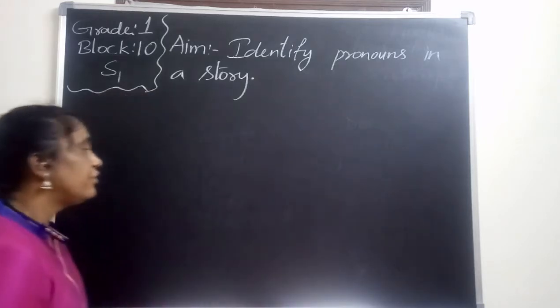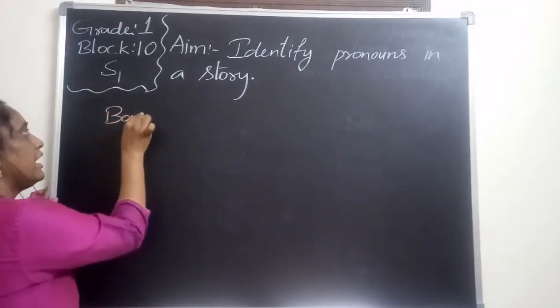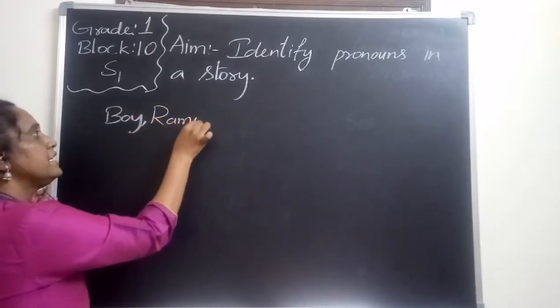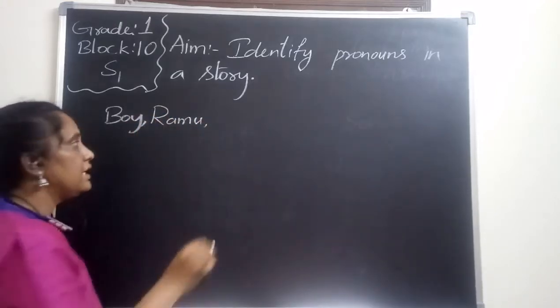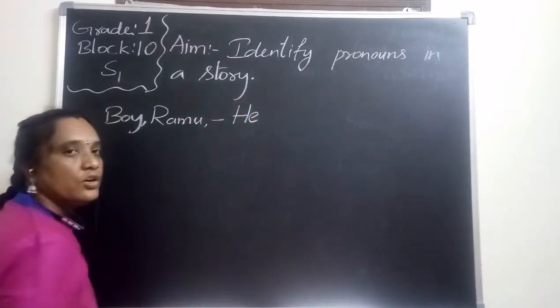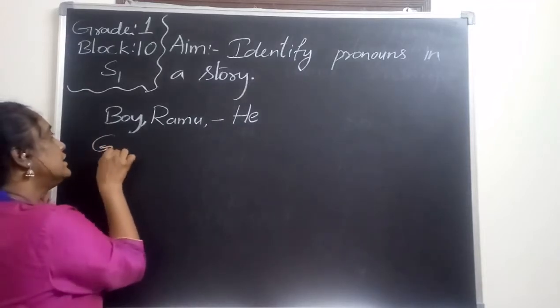See, if there is a boy, any boy named Ramu, Raju, any singular, we say he. So he is a pronoun used for a boy. Then what do we use for a girl?